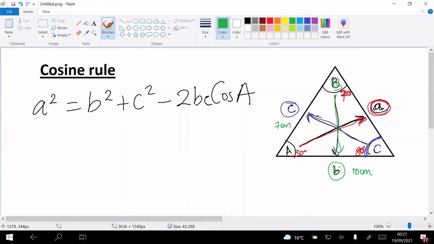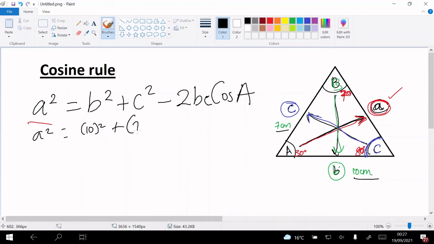What I will do is just identify what the values are for the corresponding unknowns and sub them in. We don't really know A because that's what we're trying to find, so leave it as it is. So A squared is equal to B squared. What is B? B is 10. So that would be 10 squared. Then what is C? C is 7.